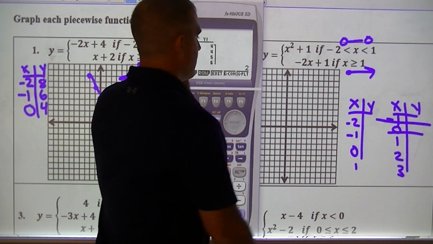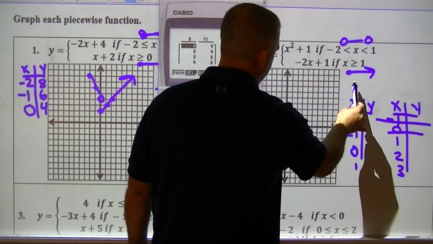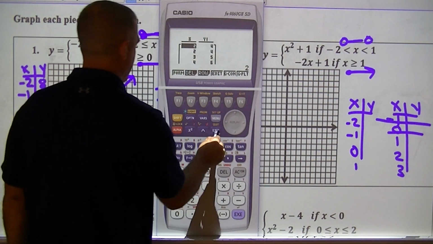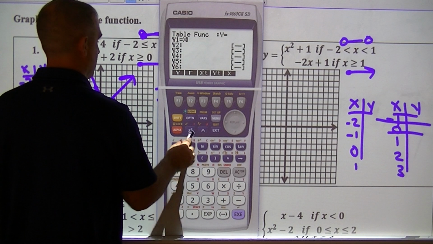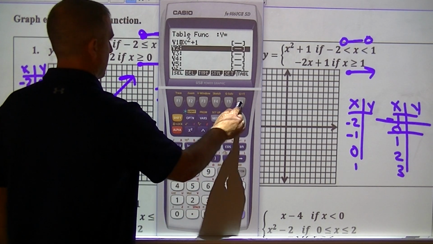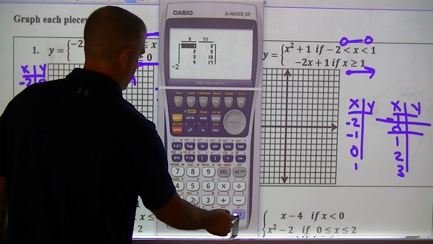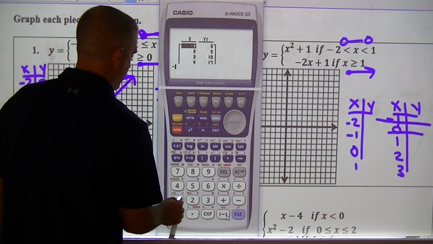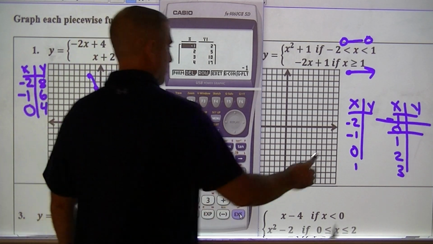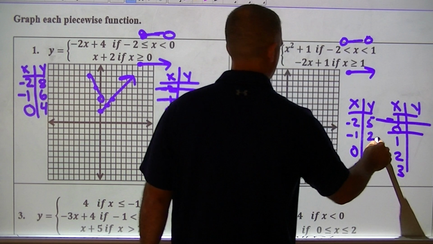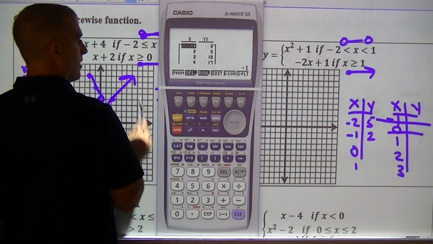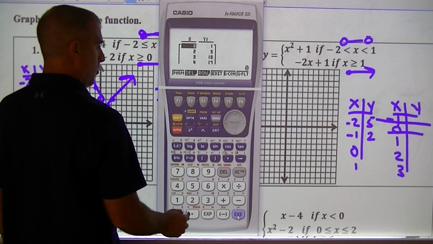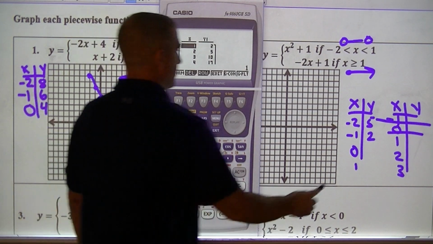Automatically when I see that, I know I got to go from here to here. I don't have to worry about anchors. -2 is 5, -1 is 2. 0 is 1, 1 is 2.